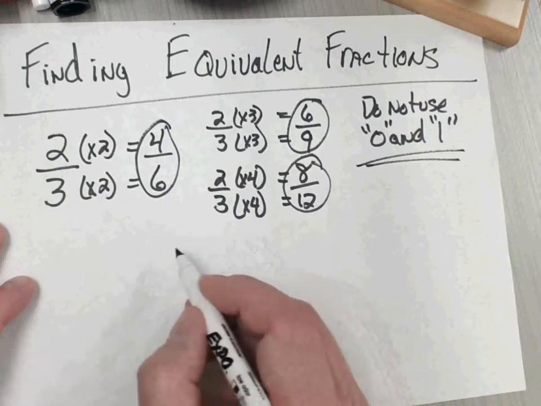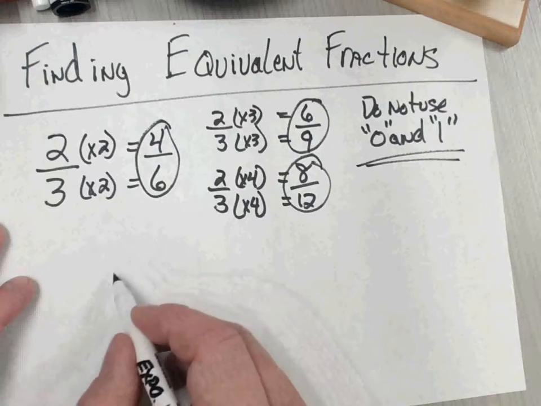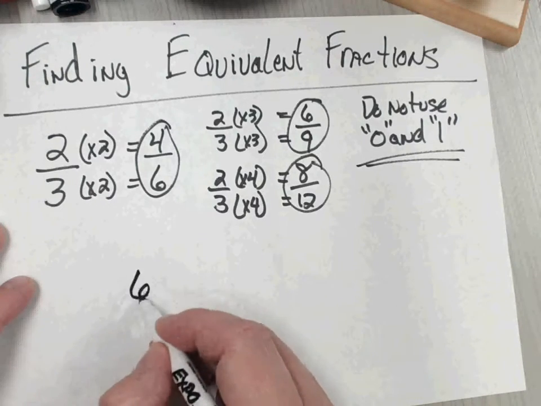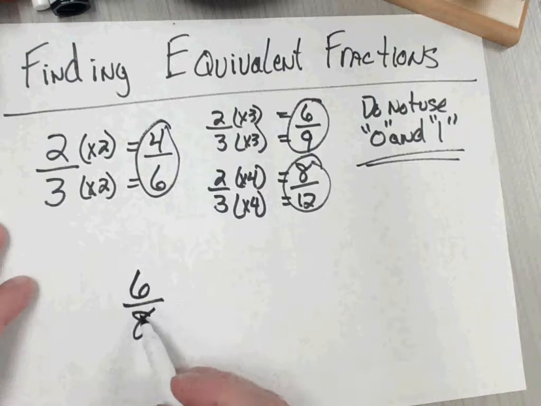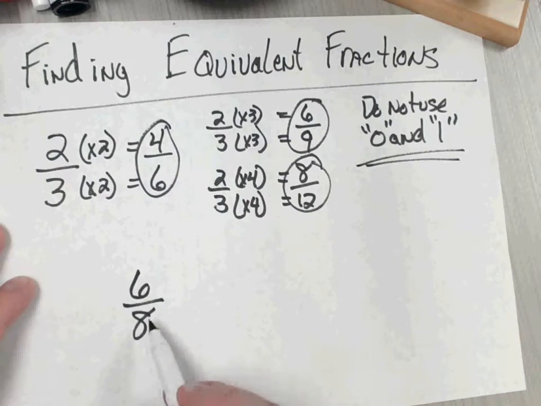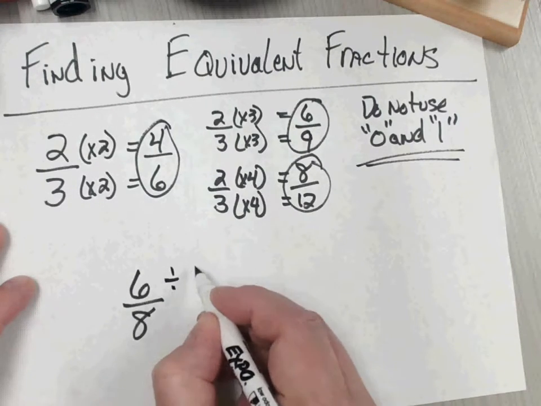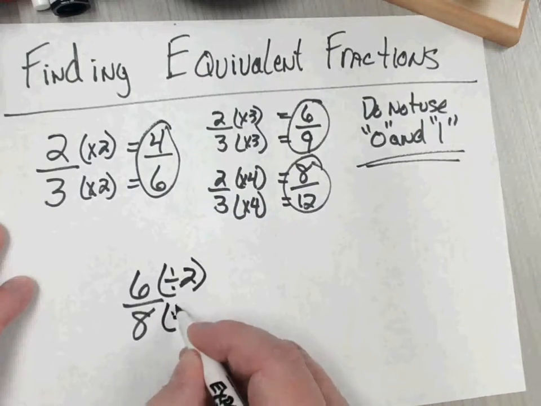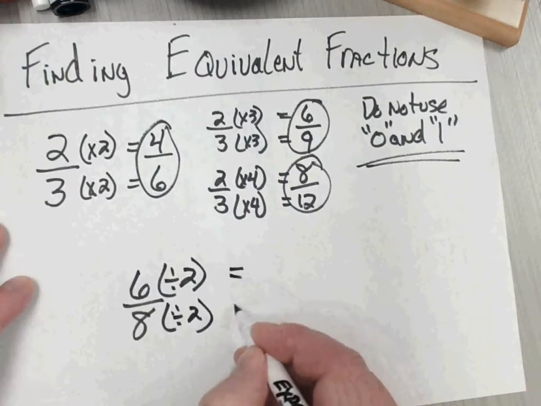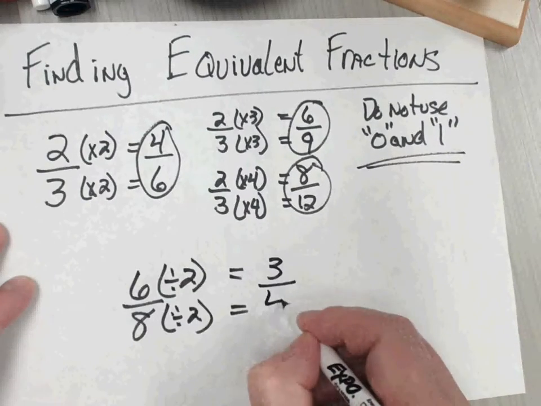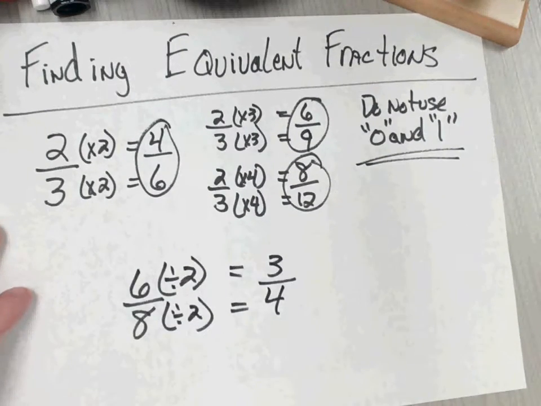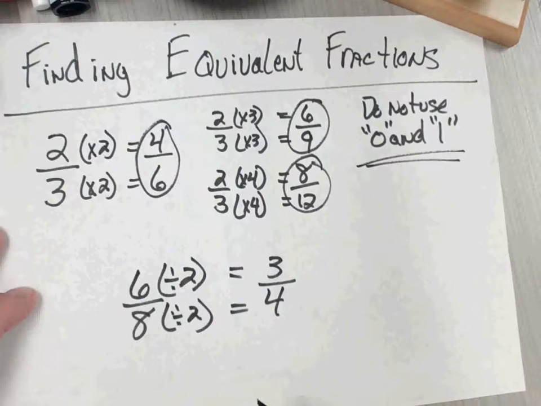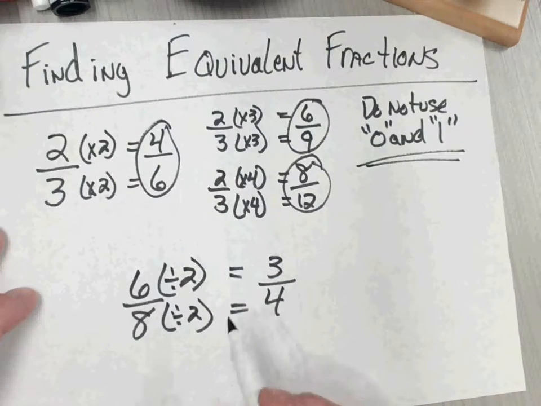So for example, if you have 6/8, you can make a bigger fraction, or you can divide both numbers. If you see that 2 goes into both numbers, you know to divide by 2, and you can say an equivalent fraction is 3/4. So you can divide both numbers, both sides.